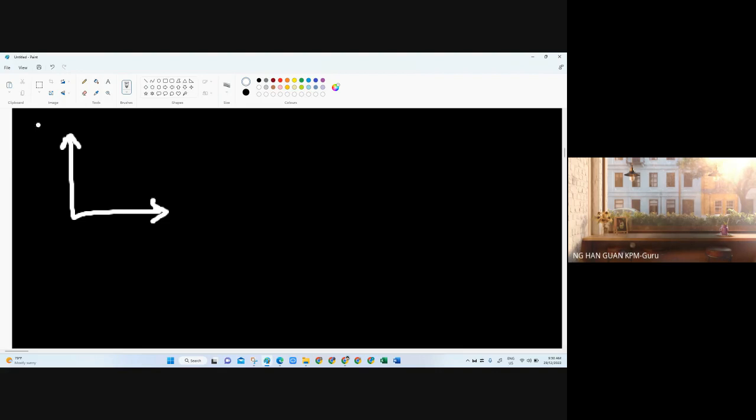If we have a y-x graph like this, directly proportional, let's say, the gradient m means that according to this graph we have the equation y equals mx.